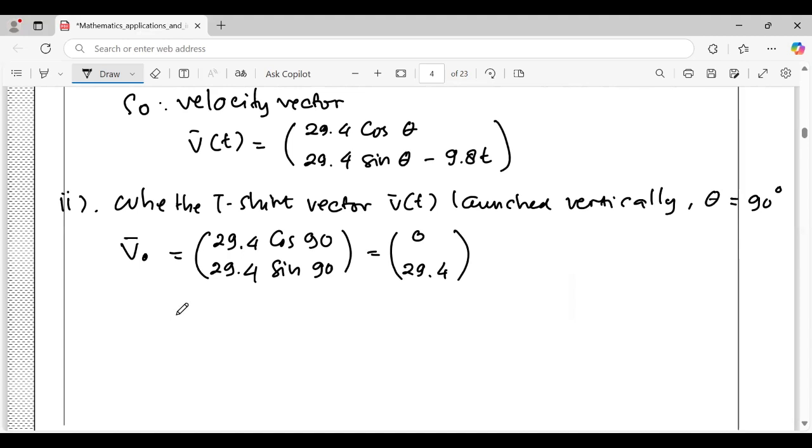So the initial vertical velocity is 29.4 meters per second.